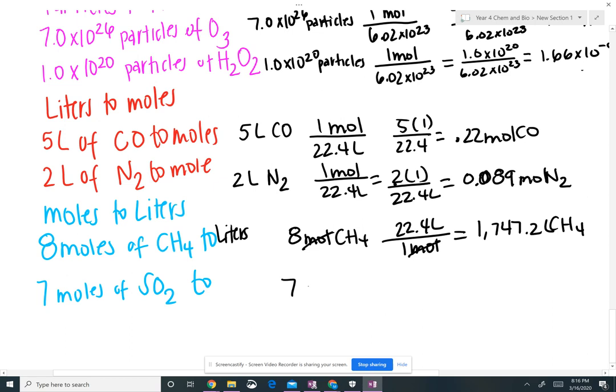And then same deal on there, so I have 7 moles of SO2, and then I want liters at the top, and I want to have moles at the bottom, so then I would do the same thing. I'm going to go 7 times 22.4. Right? And then I have 156.8 liters of SO2, right?